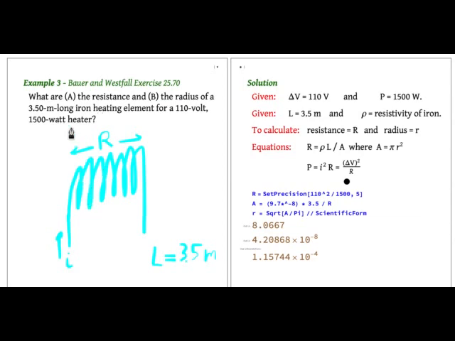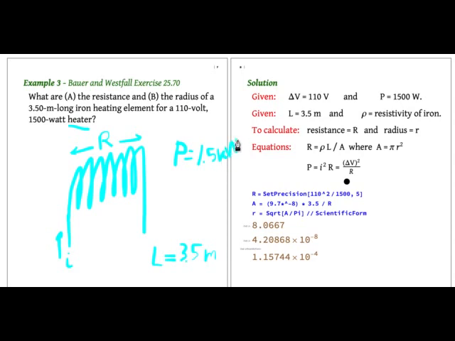That's the heating. And the power, it says, is 1.5 kilowatts. So the information you're given here is the power is 1.5 kilowatts.